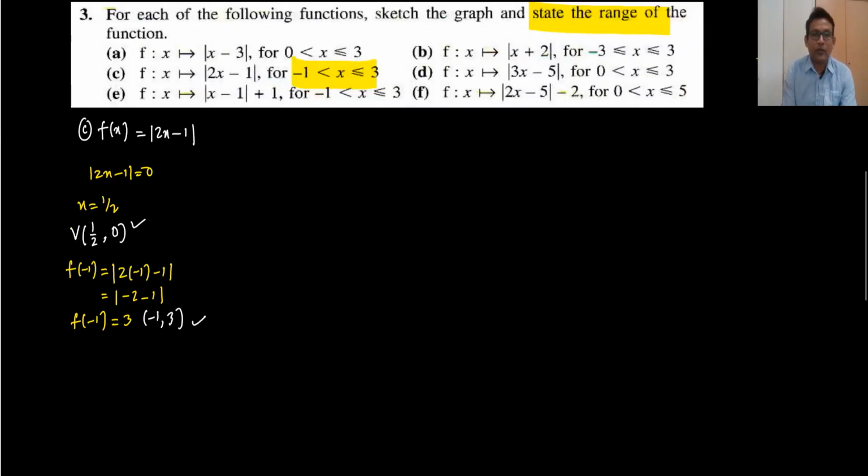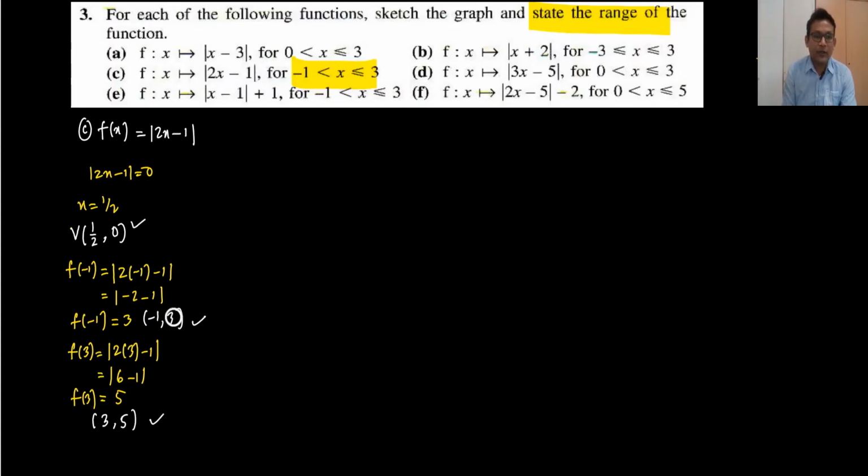Now moving to the third coordinate by using the maximum domain, which is 3. Substituting, 2 times 3 is 6, minus 1 is 5, so f of 3 is 5, and the coordinate is (3, 5).